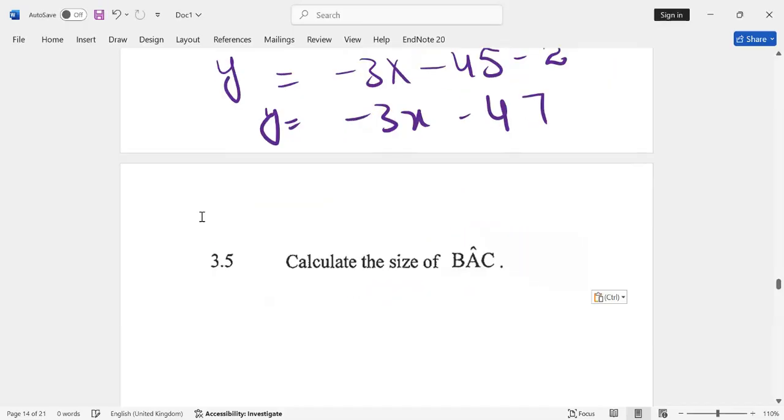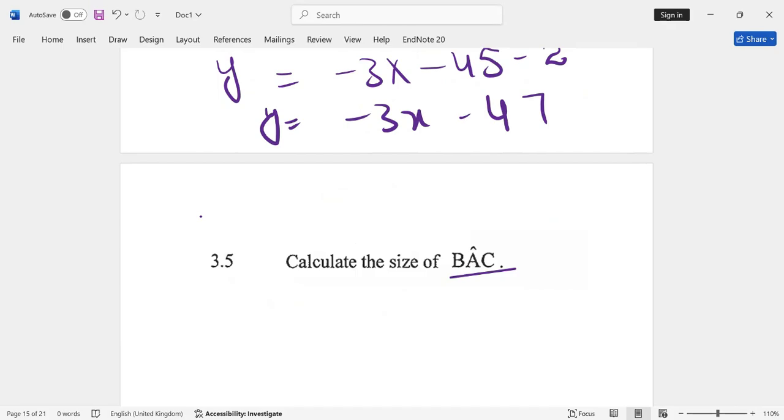Okay, so the next question is 3.5. Calculate the size of angle BAC. So we use the angle of inclination, that is, the theta method.